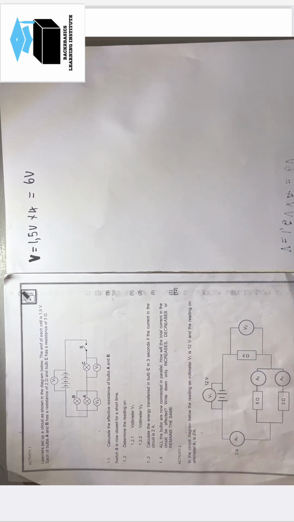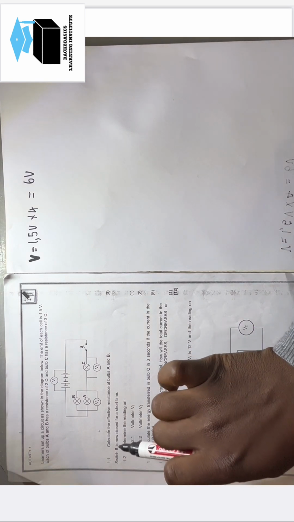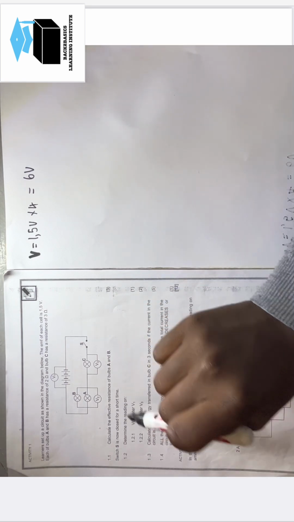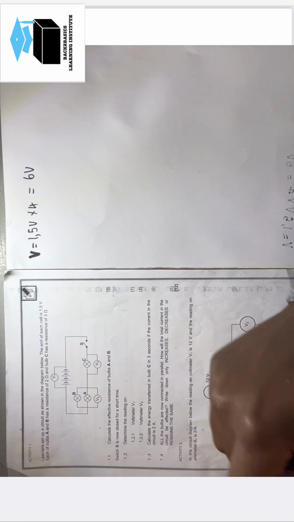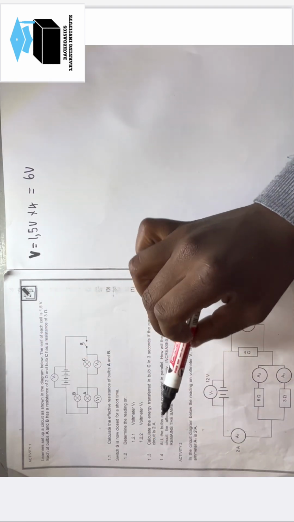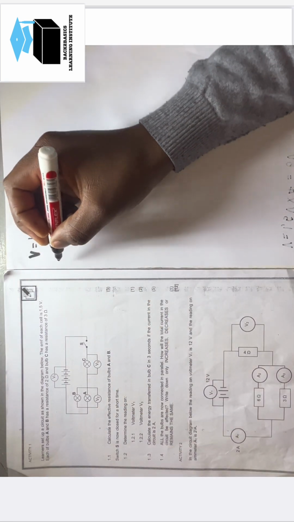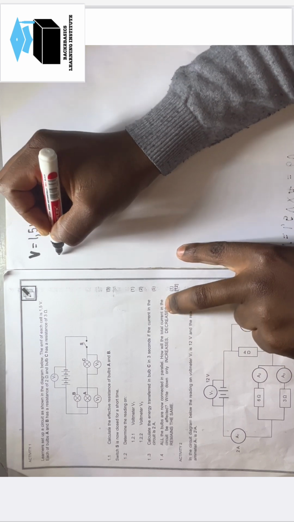Now let's look at our first question in terms of what it requires us to do. They say calculate the effective resistance of bulb A and also bulb B. As soon as they say effective resistance, they just want you to calculate the total resistance of these bulbs, A and B, right? So this is going to be your R parallel.